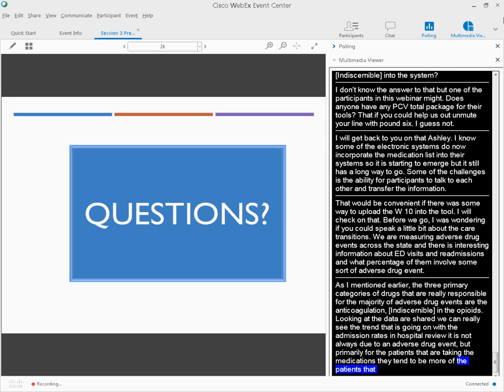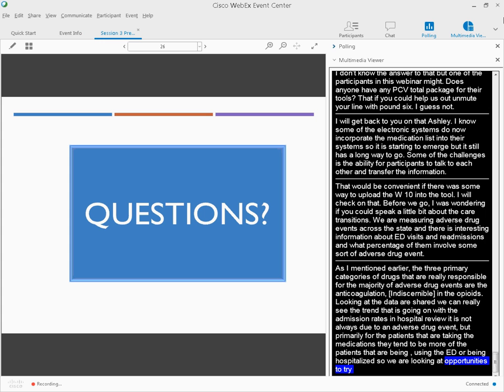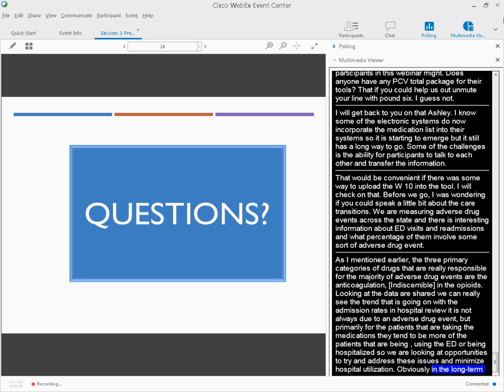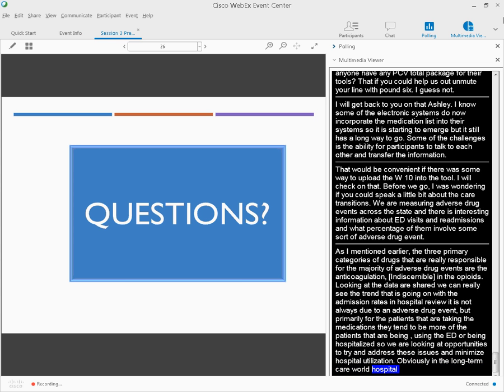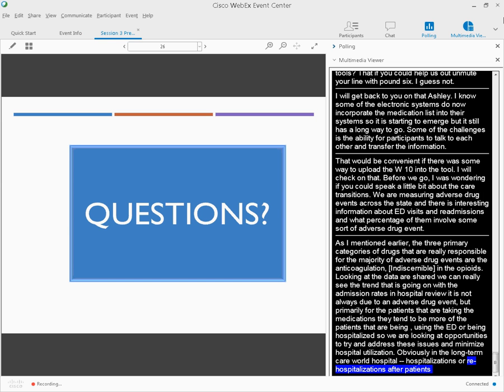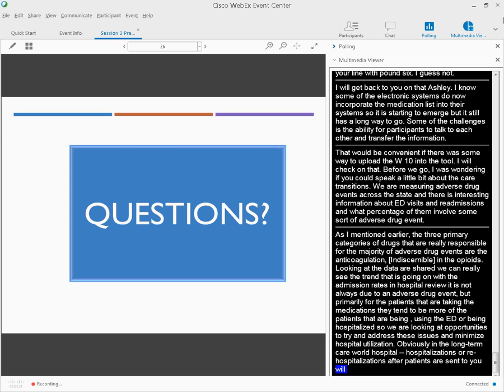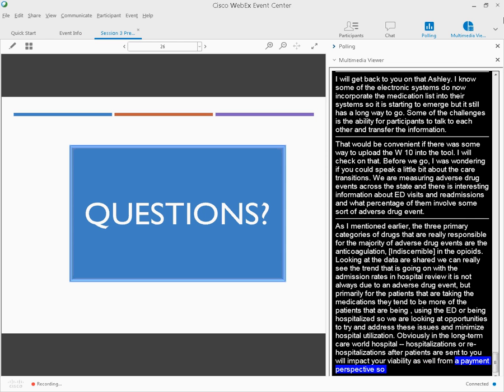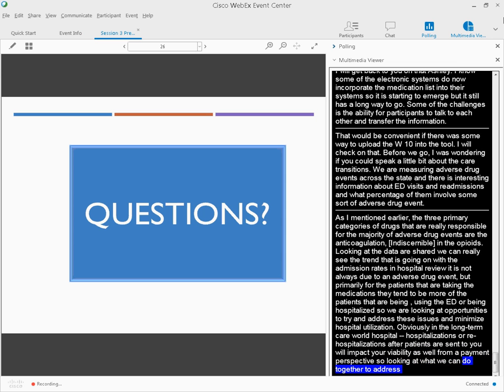So we're looking at opportunities to try and address these issues and minimize hospital utilization. Obviously, in the long-term care world, hospitalizations or rehospitalizations after patients are sent to you is going to impact your viability, shall we say, from a payment perspective. So looking at what we can do together to address these issues is certainly one of the key things that we look at.